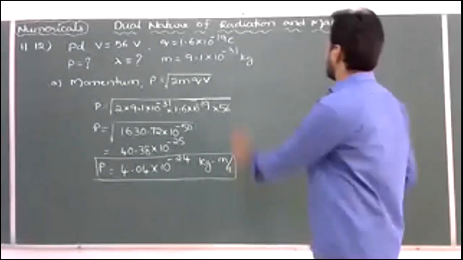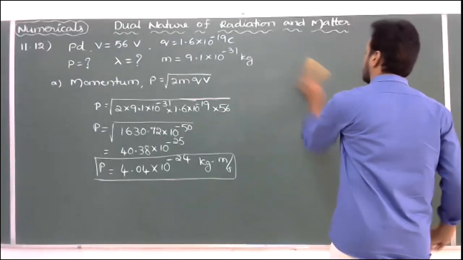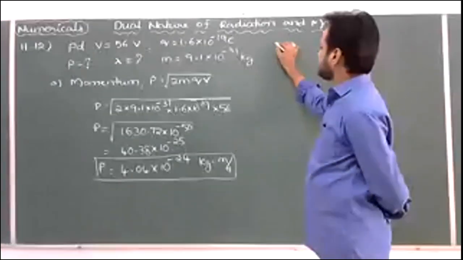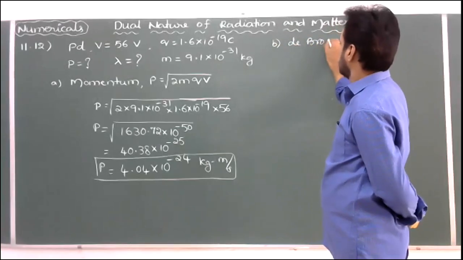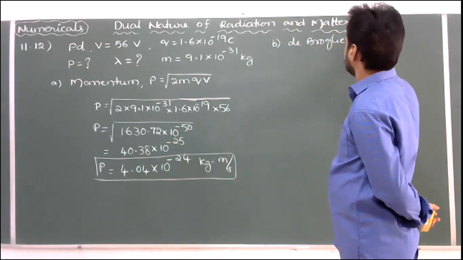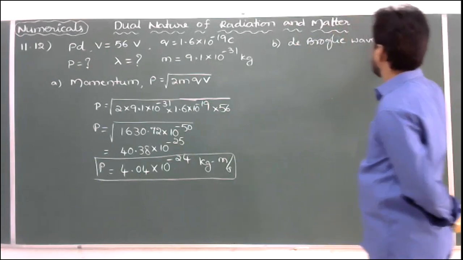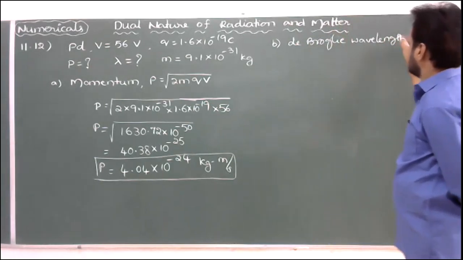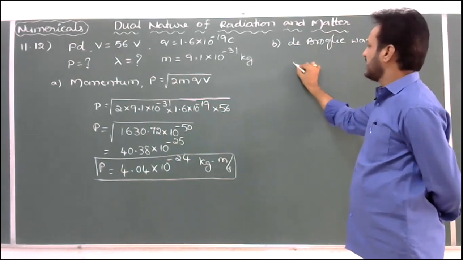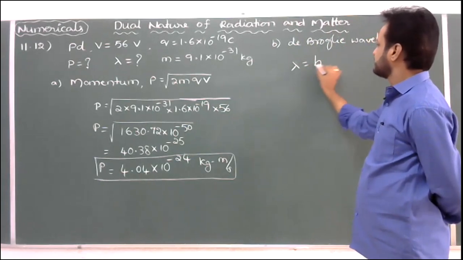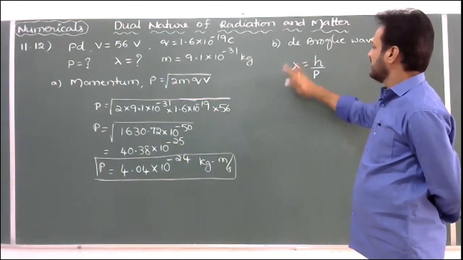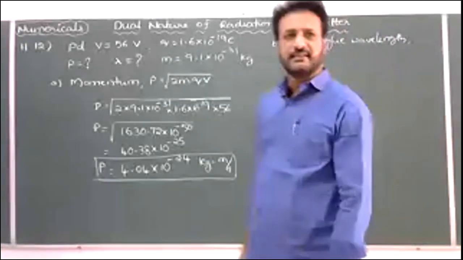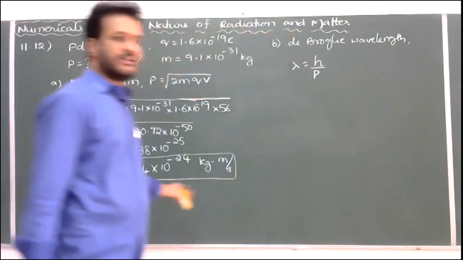In this they asked the second question: B, what is the de Broglie wavelength of the photoelectron? We know the formula lambda is equal to H by P, where lambda is the de Broglie wavelength, H is Planck's constant, and P is the momentum we already calculated here.